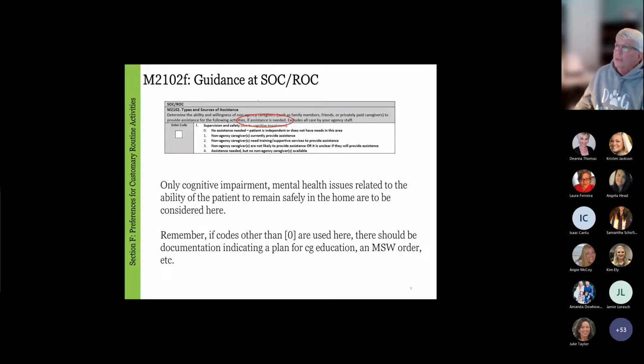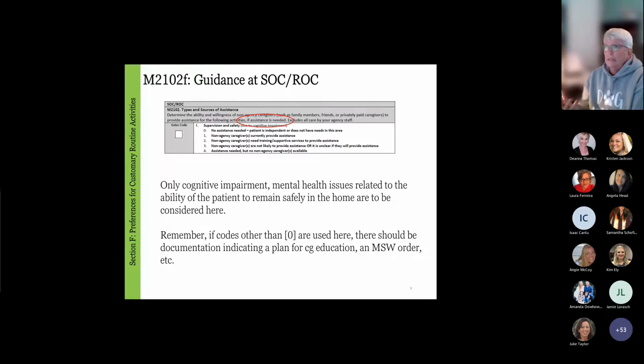But with this one, we still struggle with the M2102F. When I say we still struggle, I mean our reviewers still struggle with this. This item is only about the patient that has a cognitive impairment or some type of mental health issue that pertains to their need to have someone else in the home to make sure that they're safe.